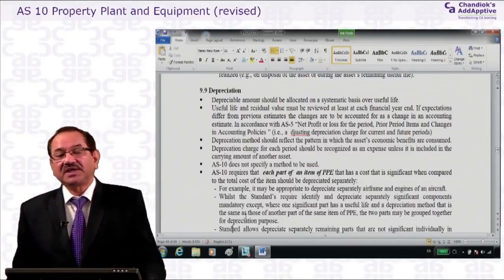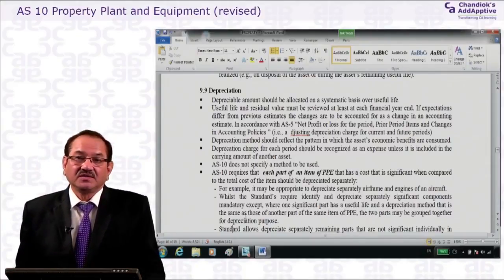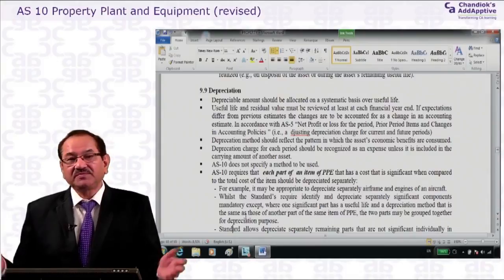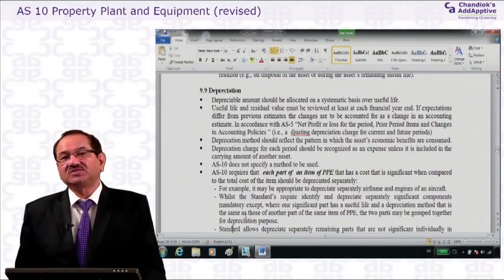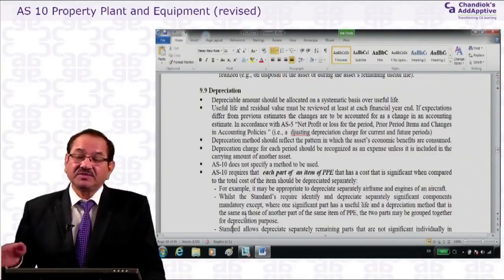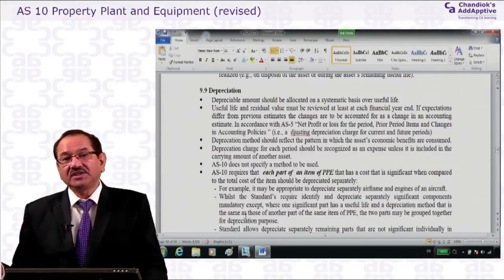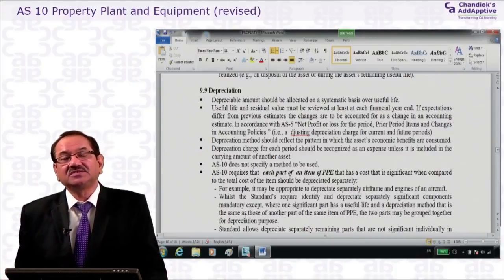Suppose when you purchase a plant and machinery in the first year of 2016, the future benefit from that plant and machinery was 20 crores. At the end of 1 year, that future benefit has decreased, because you have used that plant and machinery for 1 year. The future benefit may have decreased from 20 crores to only 18 crores.